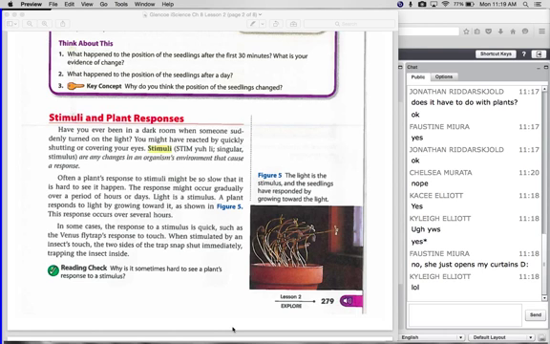In fact, they might occur so slowly that we don't even think that the plants respond at all. But in fact, the plants do. For example, see these seedlings that grow? What happens is they grow up, and then the light is coming from the side. And how are these plants responding to that light that is coming from the side?